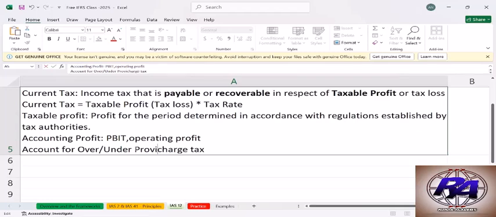Because like I said, our current tax is a tax that is payable, and payable is a provision we make. So another word is over provision or under provision. How do we deal with under provision and over provision?